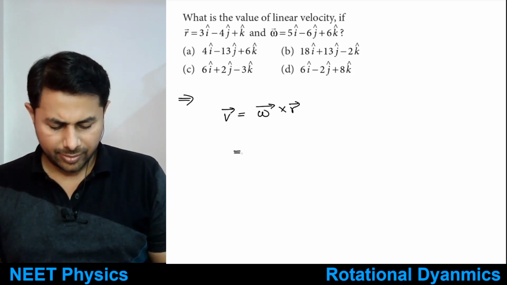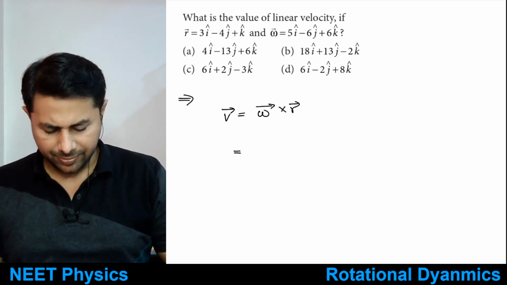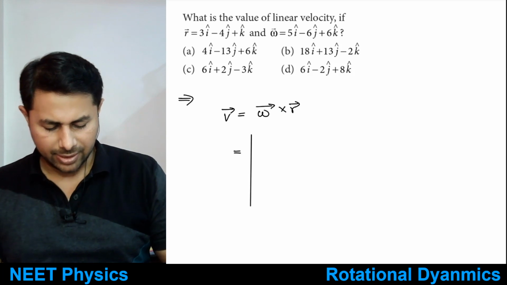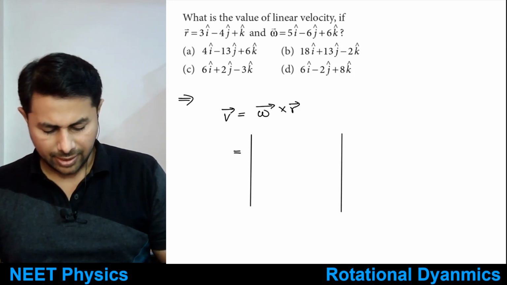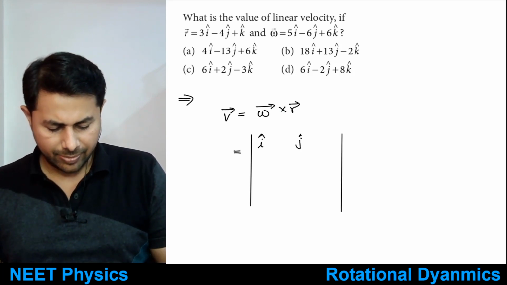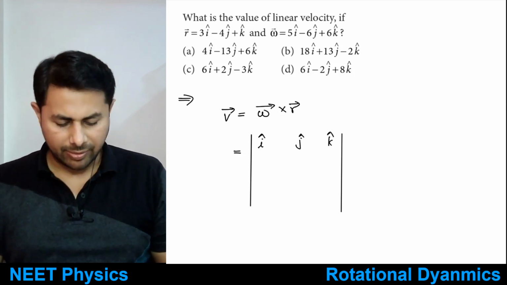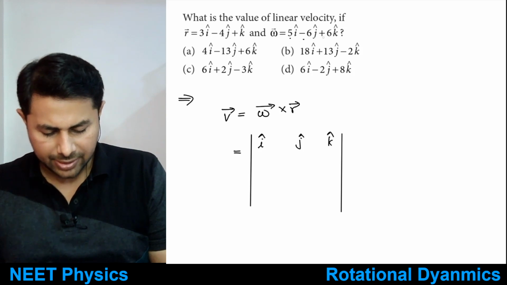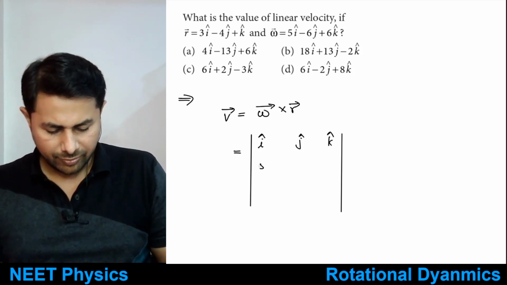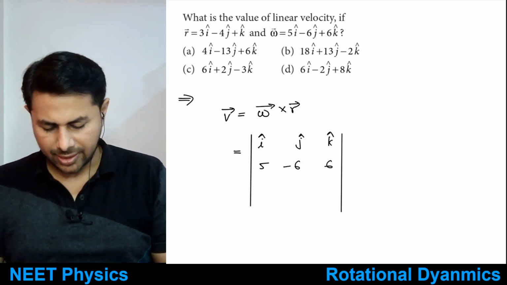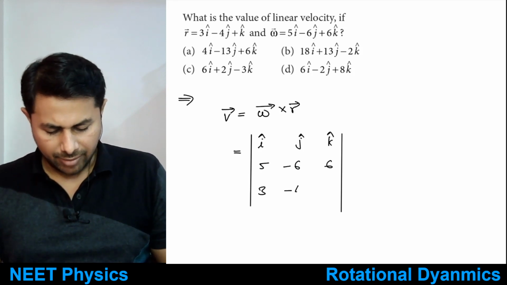So it is just i, j, k. We know how to find this cross product. i cap, j cap, k cap, then you have omega x, omega y, omega z, which is 5, minus 6, 6, and r is 3, minus 4, 1.